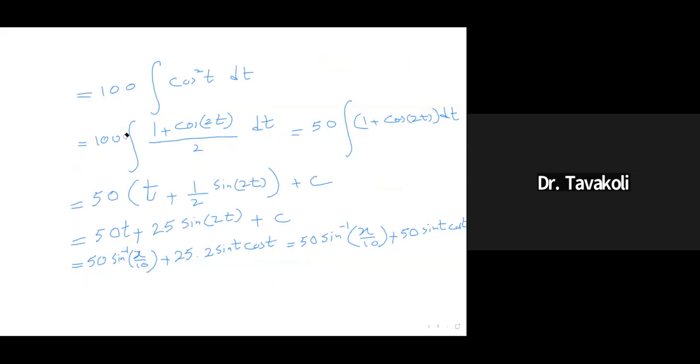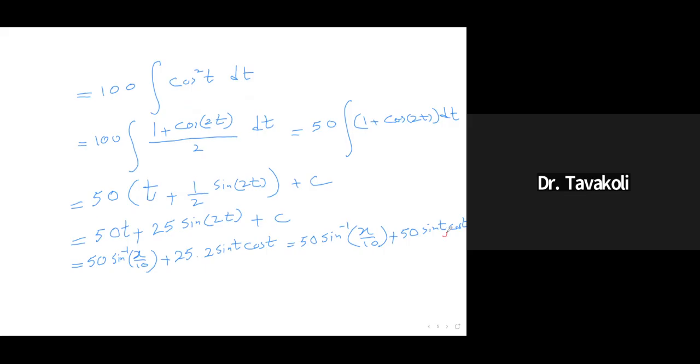Again, let me use the next page. X was 10 sine t. So sine t itself is x over 10. Let me go back here. Sine of t is x over 10.